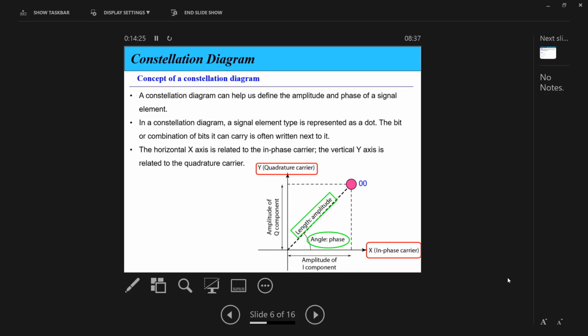First, how many points will we have? If we say binary, one signal element represents one bit. When we have 0 and 1, in this case L is equal to 2. I need to load two bits.